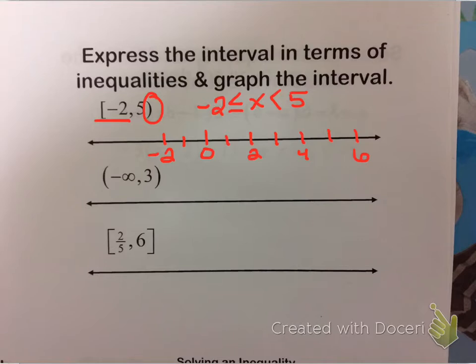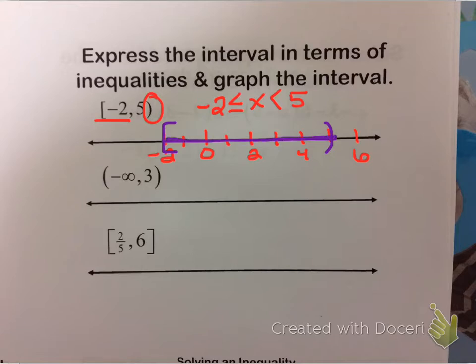Going with the way the other college algebra, I guess the book and the other teachers teach it, is they actually use the square bracket and the open bracket on the number line too. So if there was a square bracket at the negative 2, they would put a square bracket right there, it would indicate it goes all the way down there and hits there. And then it comes all the way up to 5 with an open bracket. And so then they would shade everything in between there, which is fine.